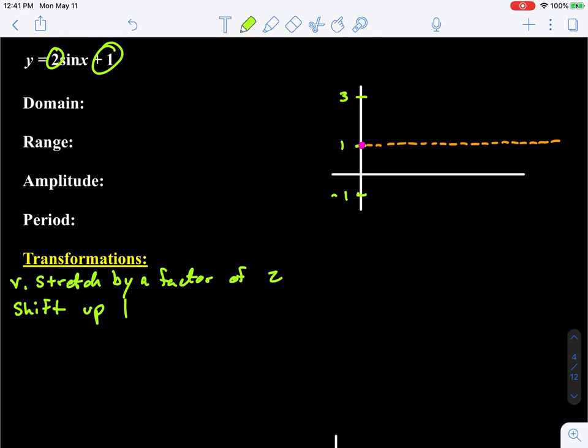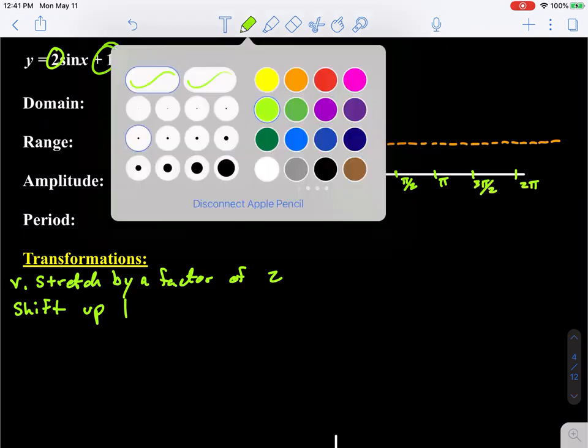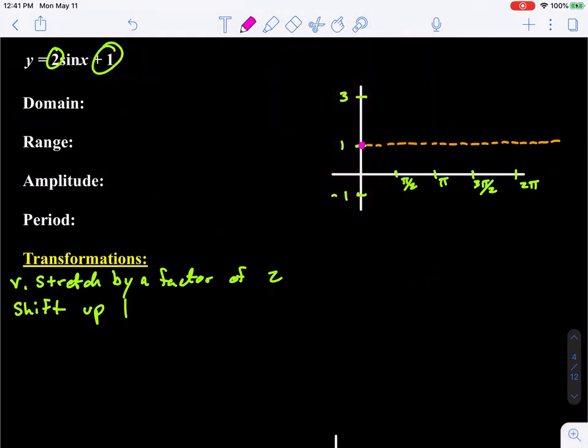Now the x-axis values are still going to be the same because there's no horizontal change on this graph. So we're going to have x-axis values here of pi over 2, pi, 3 pi over 2, and 2 pi. Now, the sine graph is always going to start at your central axis when x is 0.